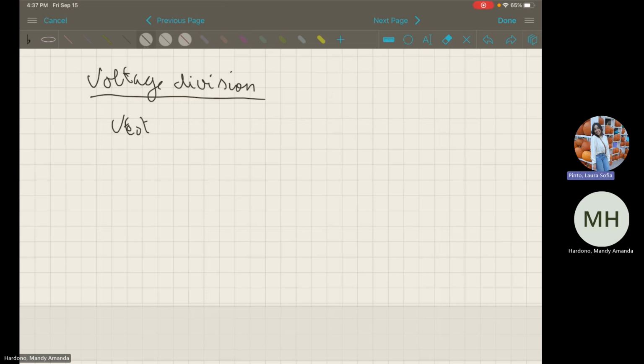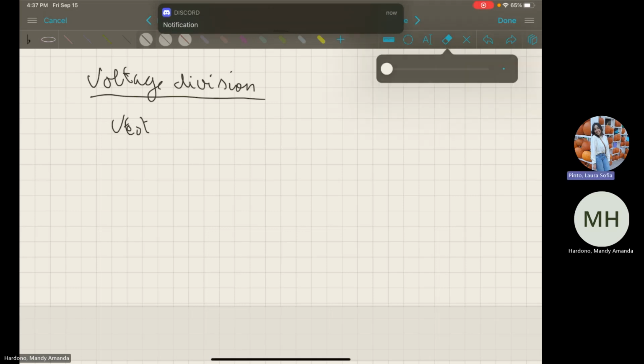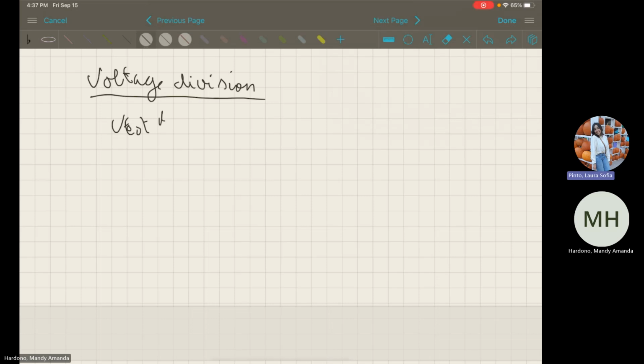V out equals V total times R2 over R1 plus R2. So V total times R1 over R1 plus R2 is equal to V out.